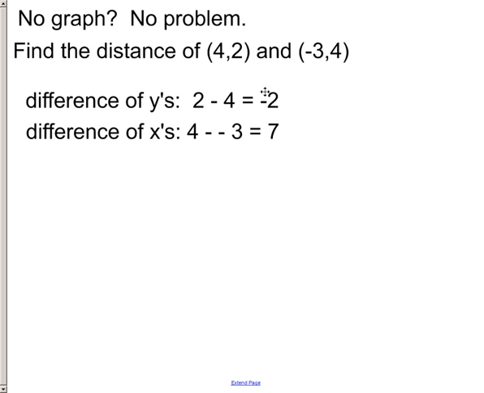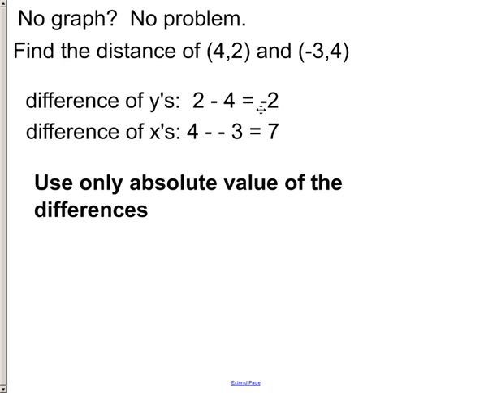What do we do when we get a negative number for a leg? Well, just use the absolute value. How far is negative 2 from 0? Well, it's 2. So use the absolute value, make that like a positive 2.